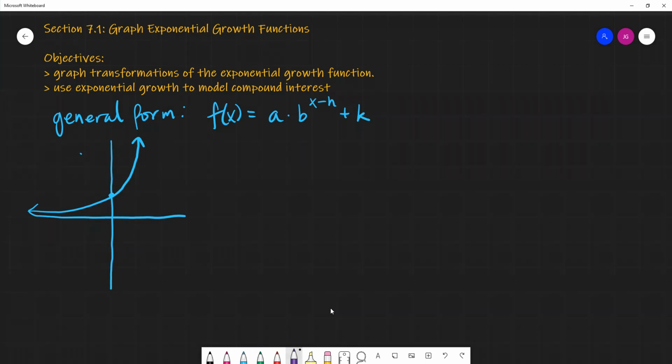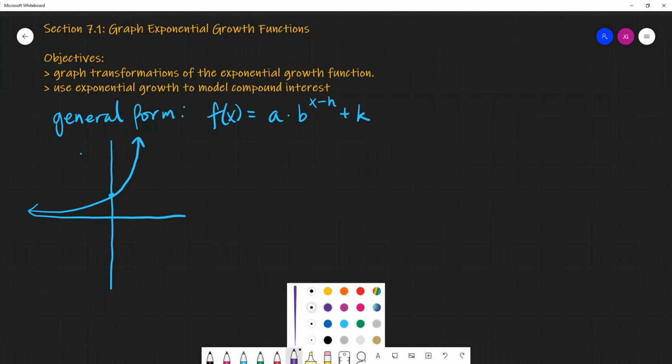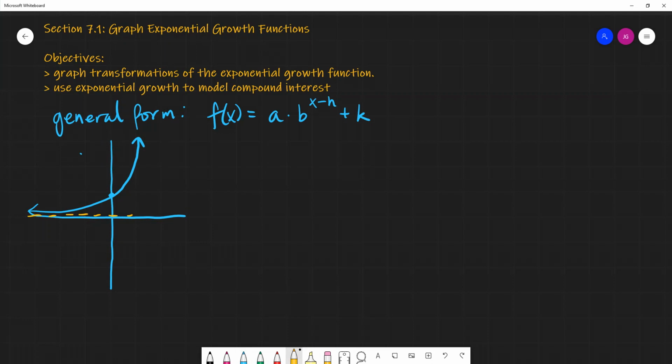Another interesting thing is that it has a horizontal asymptote. All exponential functions have a horizontal asymptote. The base one happens to be at y equals 0, but this can also be in other places. It's not limited.